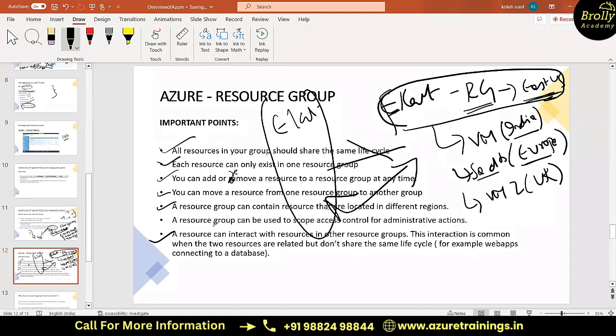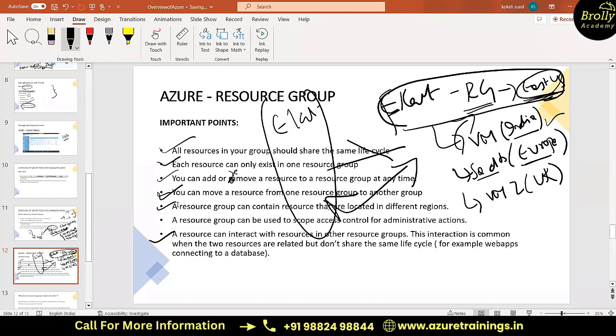All these points related to resource groups matter because in interviews they are going to ask scenario-based questions. They may ask, is it possible to move your resource from one resource group to another resource group? Yes, it's possible. Is it possible to place a virtual machine created in India location in a resource group in East US? Yes, we can.